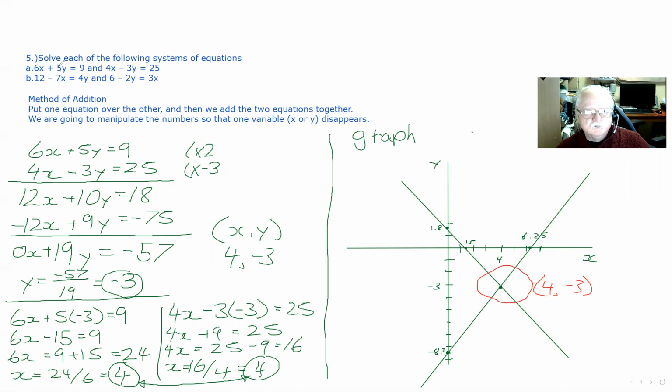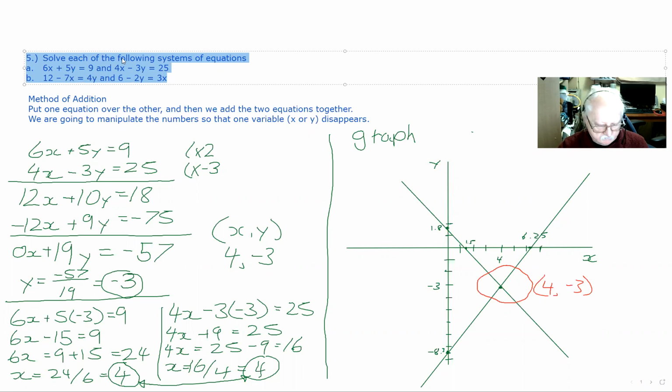So let's try this all over again with the second set of equations. So I'll save this.